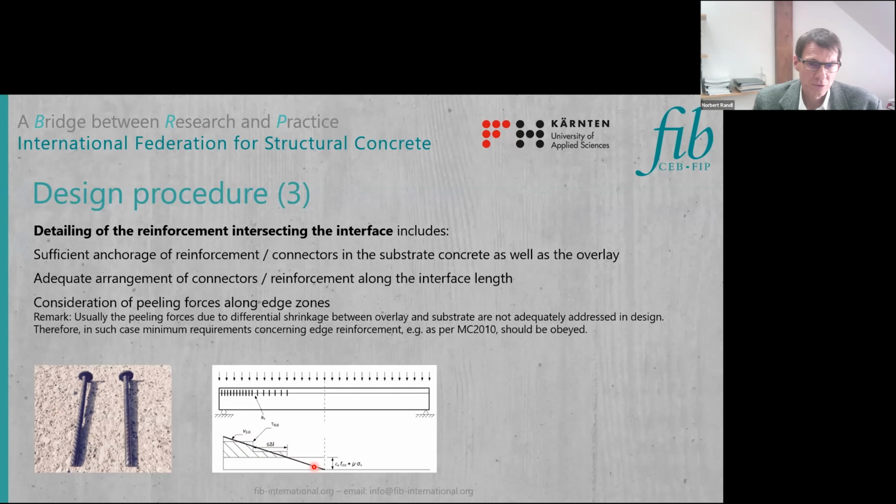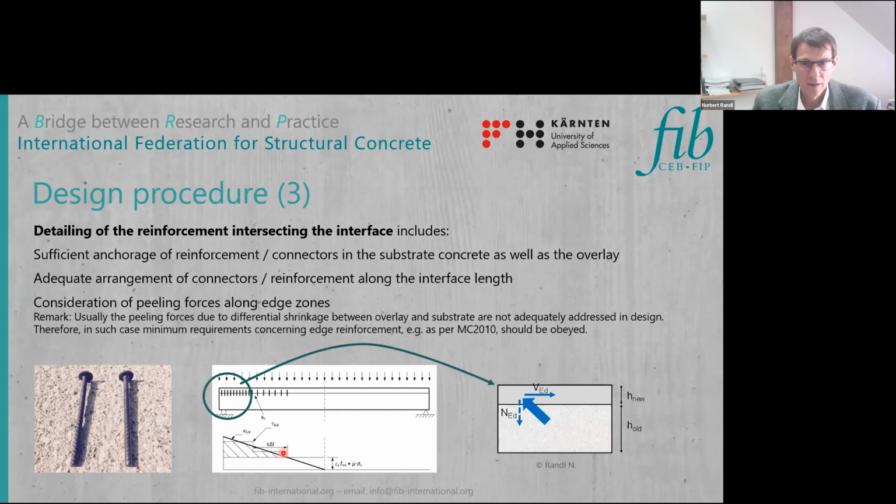The distribution of such reinforcement, if required, follows the flow of shear force, and along the edge, one has to prevent peeling and delamination. Very simple models help to design the required force to prevent this peeling effect.